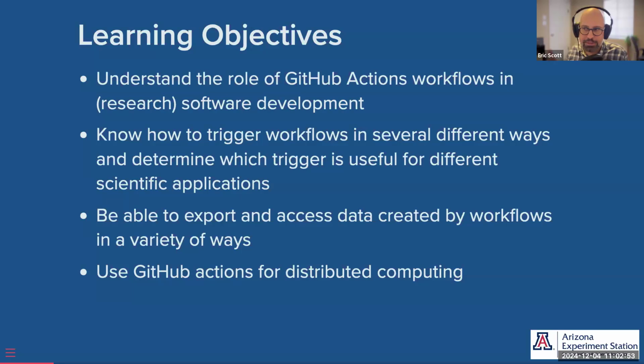You'll understand different ways that you can trigger these workflows to happen and determine which triggers are useful for different applications. Understand a couple of ways that you can get data or objects or images, things that are created by workflows, out in some way. And if we have time, we'll see an example of using GitHub Actions for distributed computing.